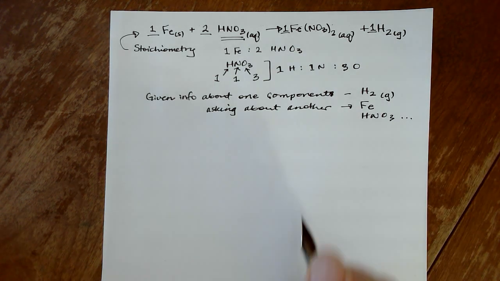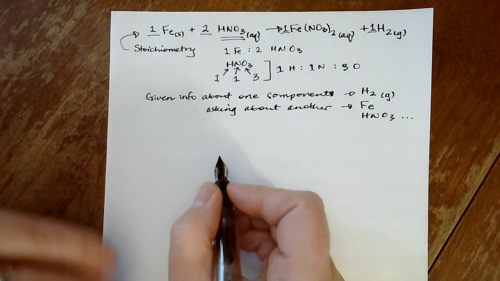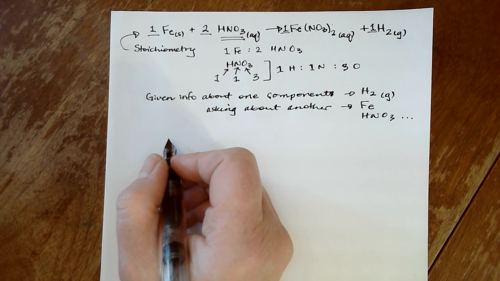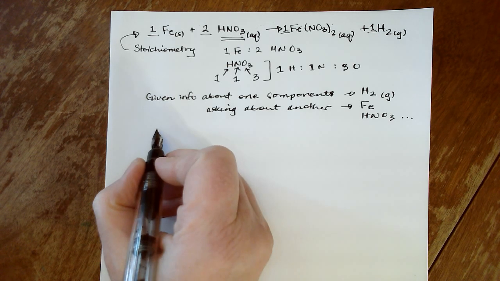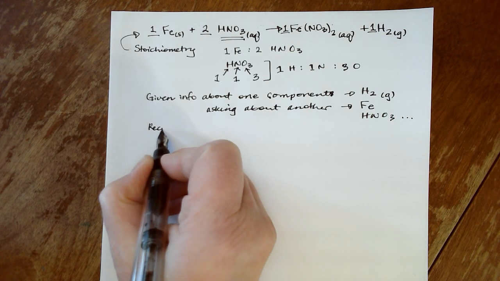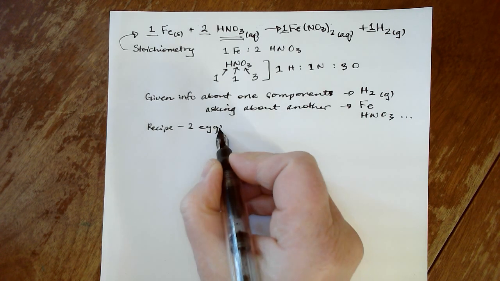And so because we're talking about ratios, one way to think about this is just, you know, if you were making pancakes and I said, okay, my recipe calls for 2 eggs, right? And it also calls for a bunch of other things.